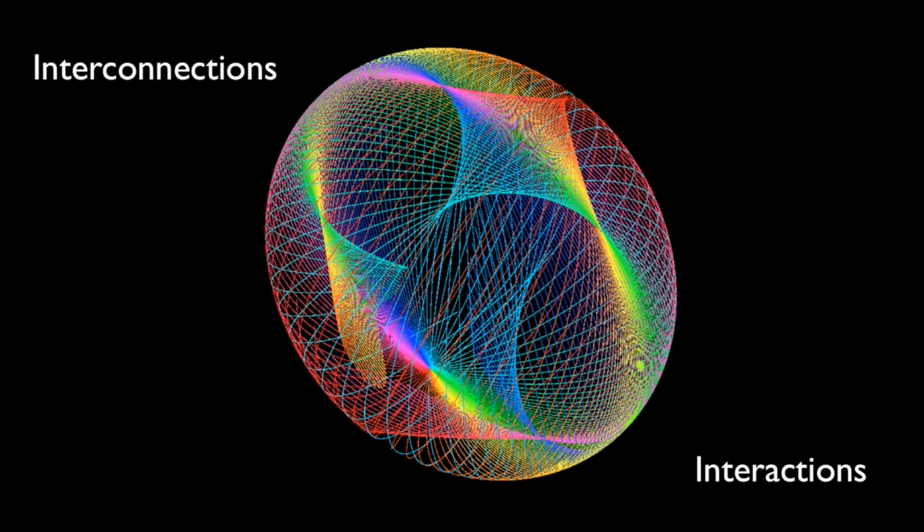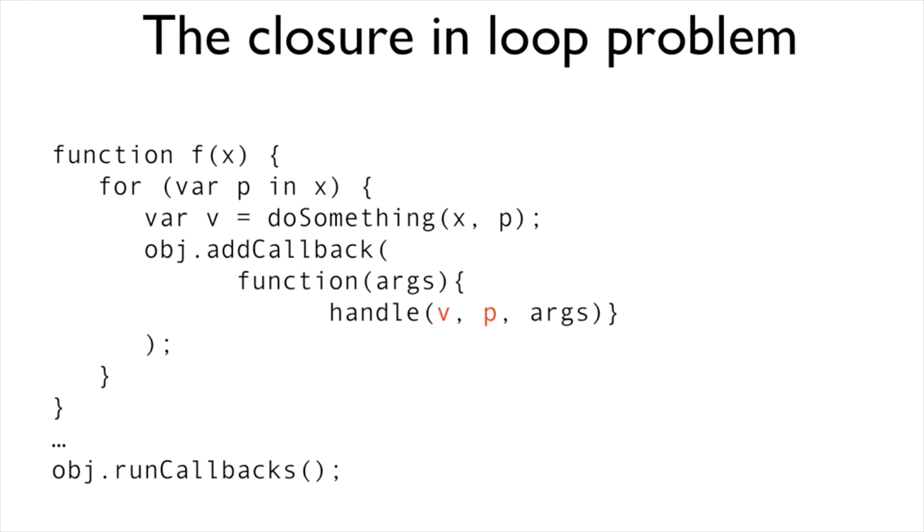And so what I'm going to do here is walk through a set of steps that show the reasoning and logic that led to one particular set of features in ECMAScript 2016. And so we're going to start here with the closure and loop problem that you might see in ES3 level JavaScript.